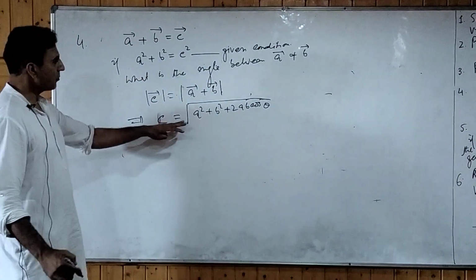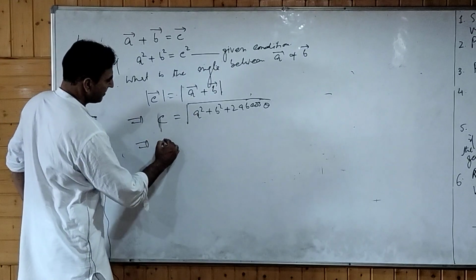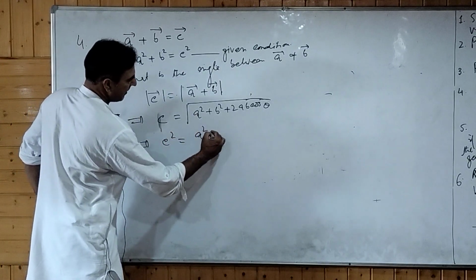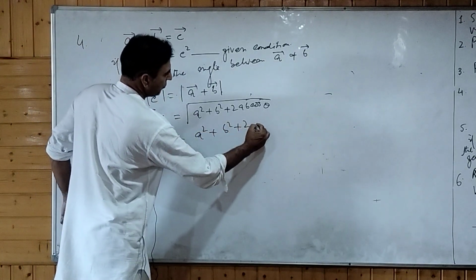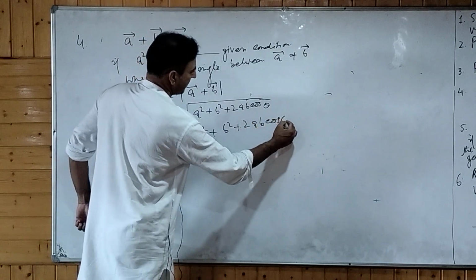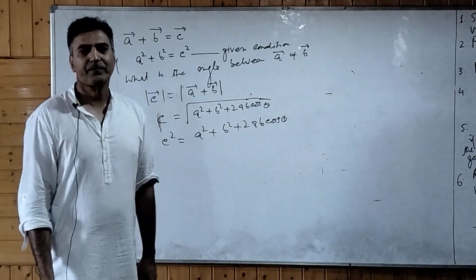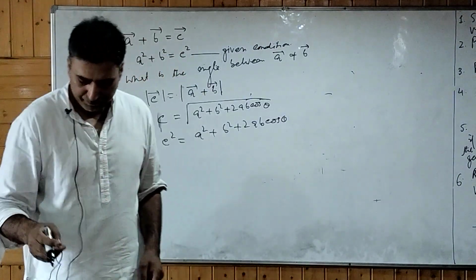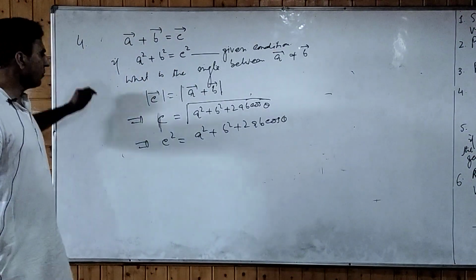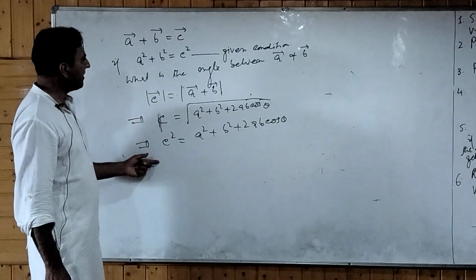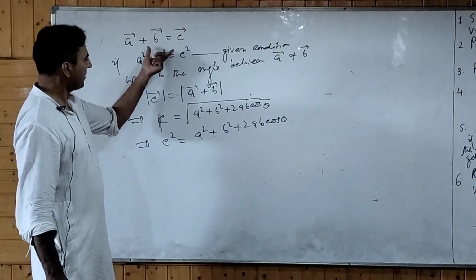Now, if I square both sides, I will get C square is equal to A square plus B square plus 2AB cos of theta. So simple if you just square the two sides. Now, from the left side I can write A square plus B square, because it is given.